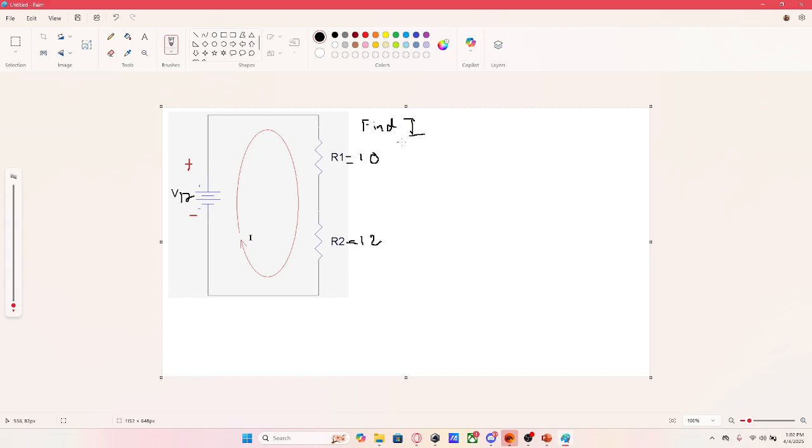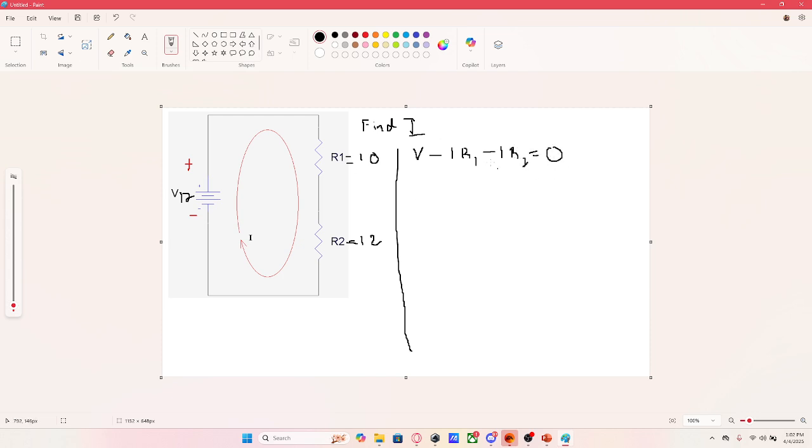So how do we find it? We still use KVL. V is equal to 12 here. We write down what we did before: V minus IR1 minus IR2 equals 0.